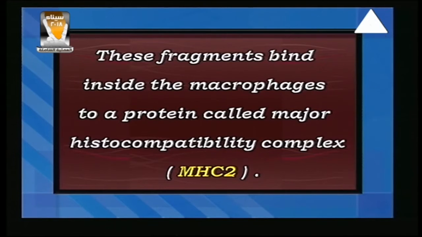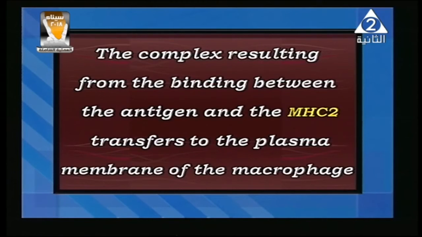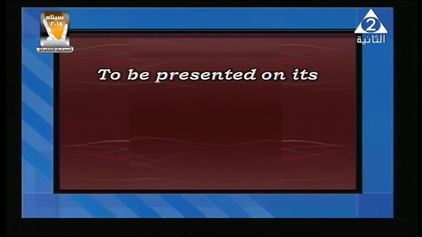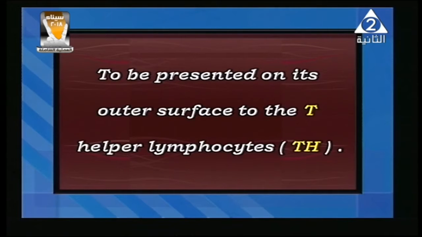This protein is called MHC2, or major histocompatibility complex. The complex resulting from the binding between the antigen and the MHC2 is transferred to the plasma membrane of the macrophage, to be presented on its outer surface to the T helper lymphocyte.